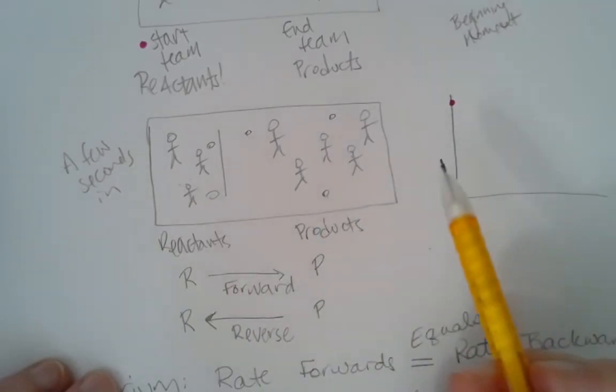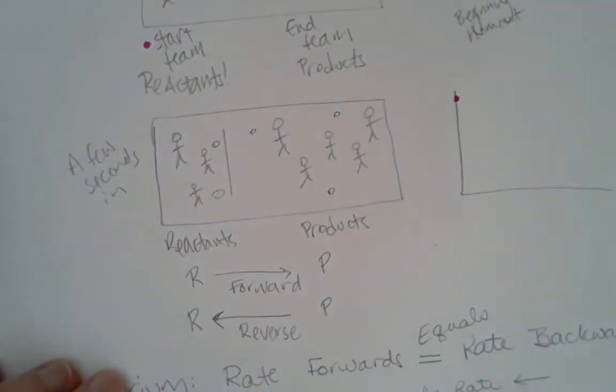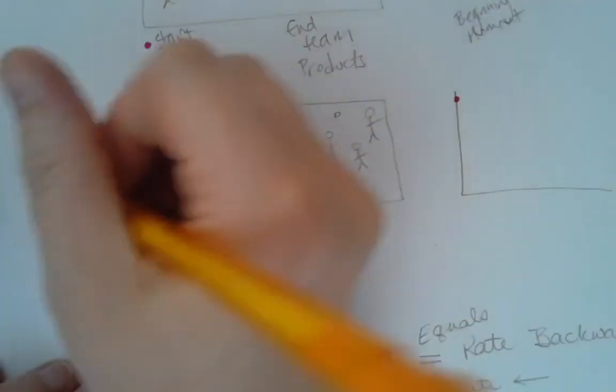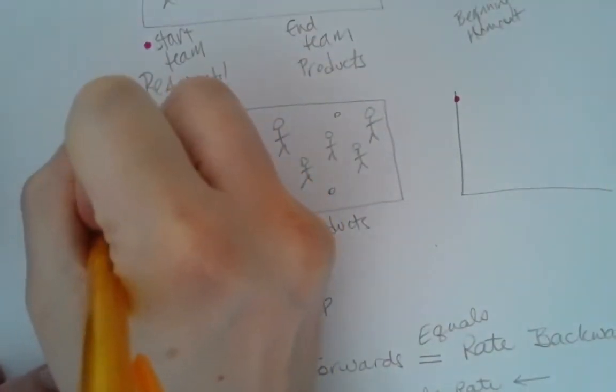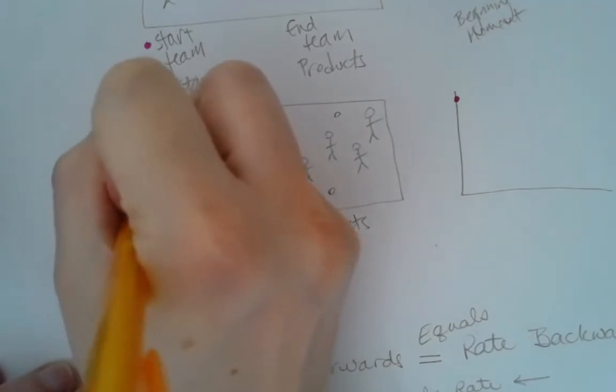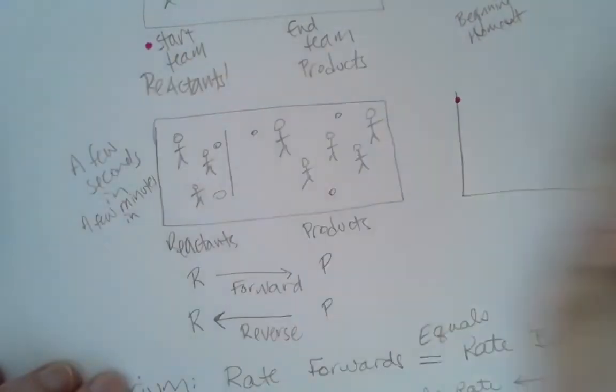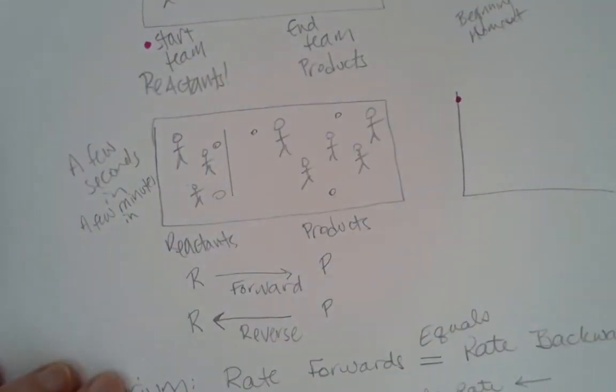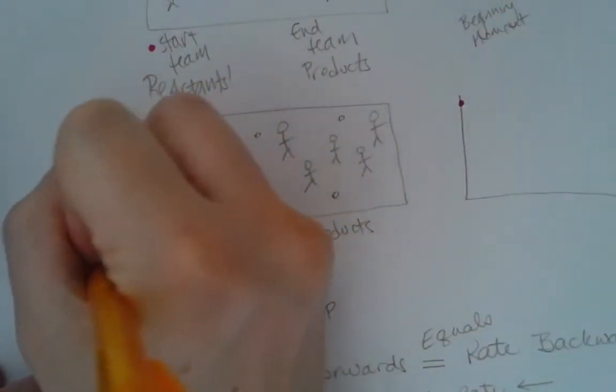I say go, you play the game, bouncy balls are flying around the classroom. A few minutes in, I say stop. Sometimes we go again, a few more minutes in.